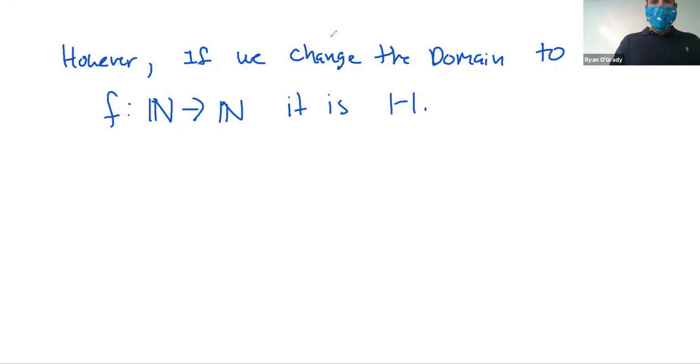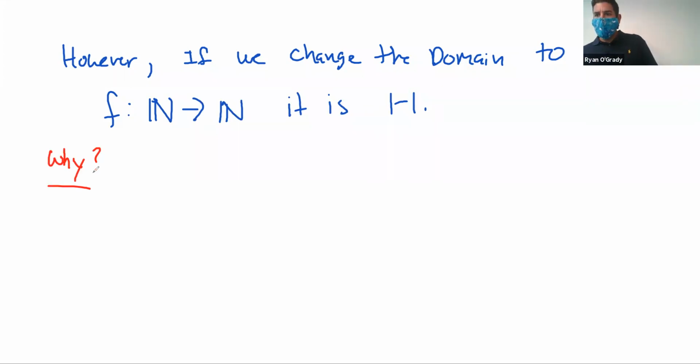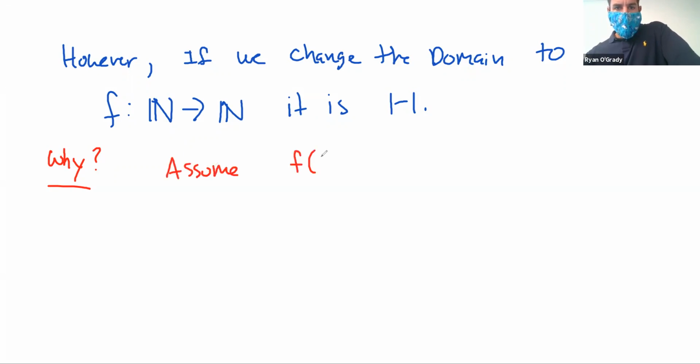So let's see why. Let's go back to the definition, and of course, we want to ask why. Well, what does the definition say? It says that we take two things and assume they're equal. So let's assume f(b) = f(a).